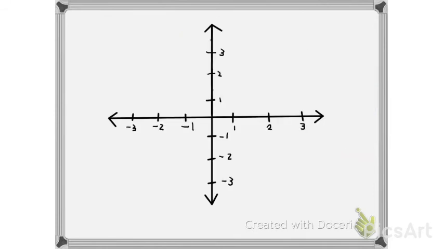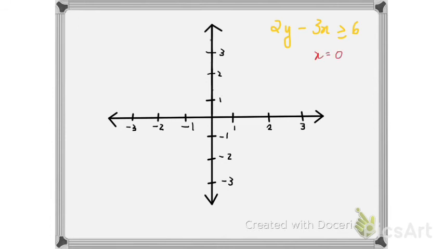So now our next question is 2y minus 3x greater than or equal to 6. For this, first we need to find the coordinates. So we'll consider x is equal to 0.